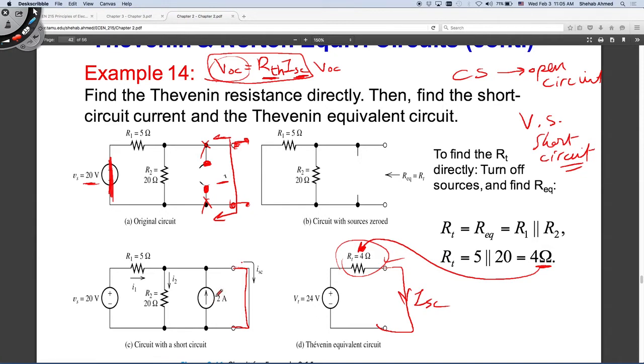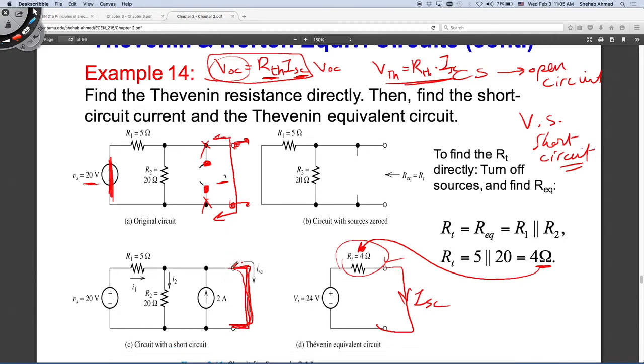So what we do is we know the relationship: V Thevenin is equal to R Thevenin times I short circuit. So this is my I short circuit. I know R Thevenin. I want to find V Thevenin. This I short circuit is the same as this I short circuit.